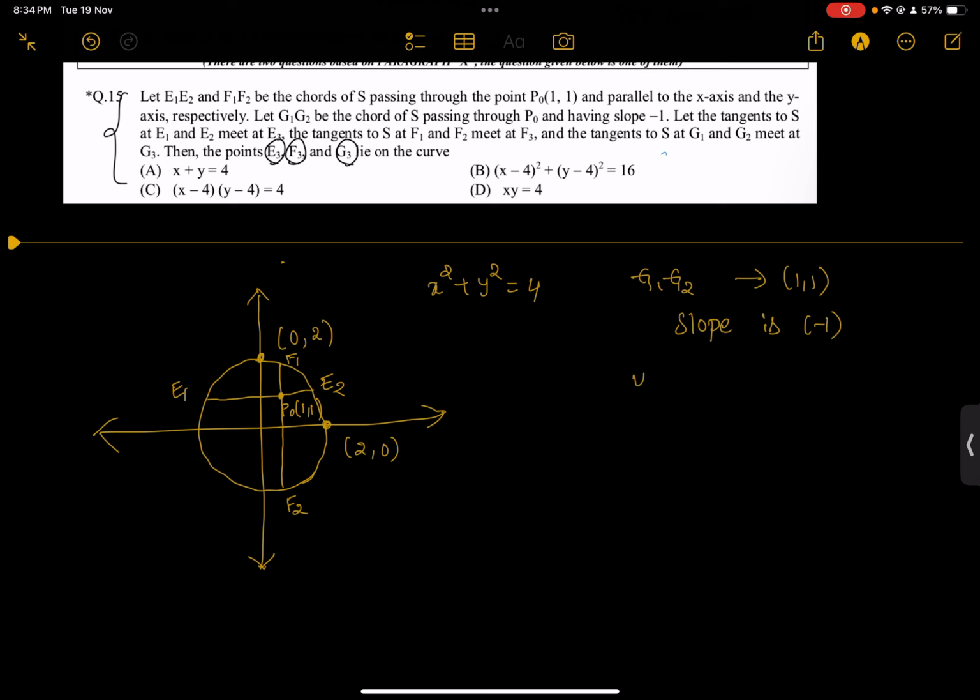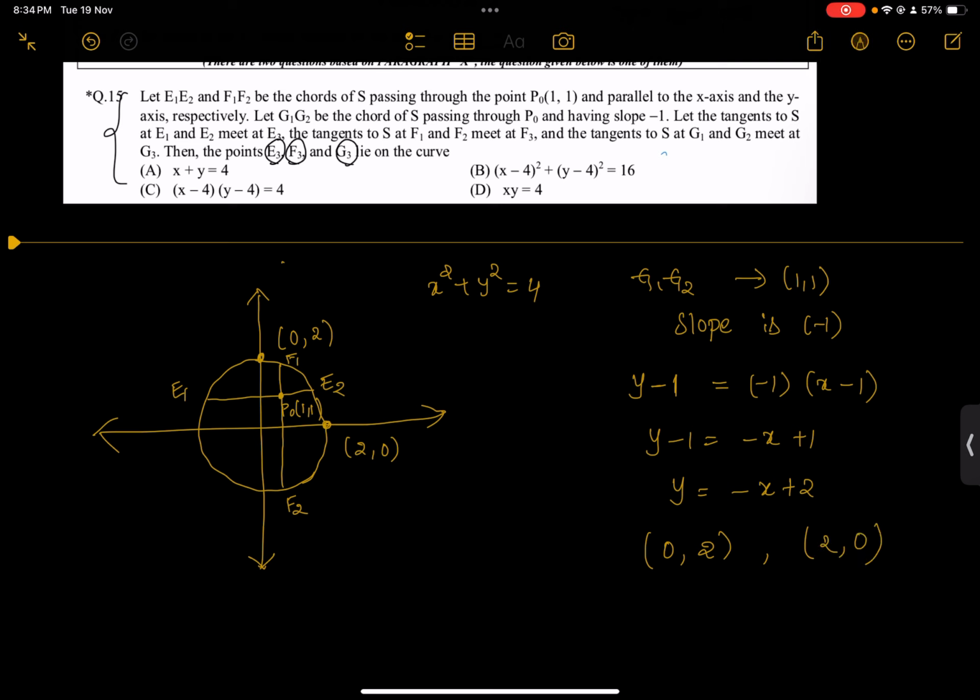So let us find the equation of it. y minus y1 is equal to slope m into x minus x1. So y minus 1 is equal to minus x plus 1. So y is equal to minus x plus 2. If you put x equal to 0 in this, y will be 2. And if you put y equal to 0, x will be 2.